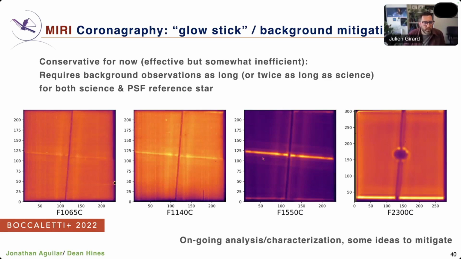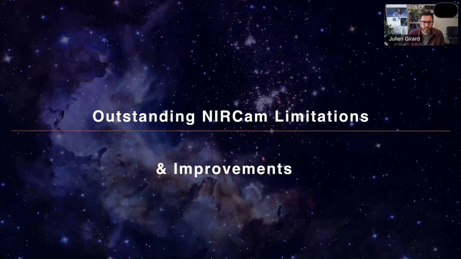And the MIRI coronagraph works beautifully, but because of this background strategy, it's time consuming to do observations. But it's better to take the time and do a very good science case than not. For surveys, it can be a little bit prohibitive.